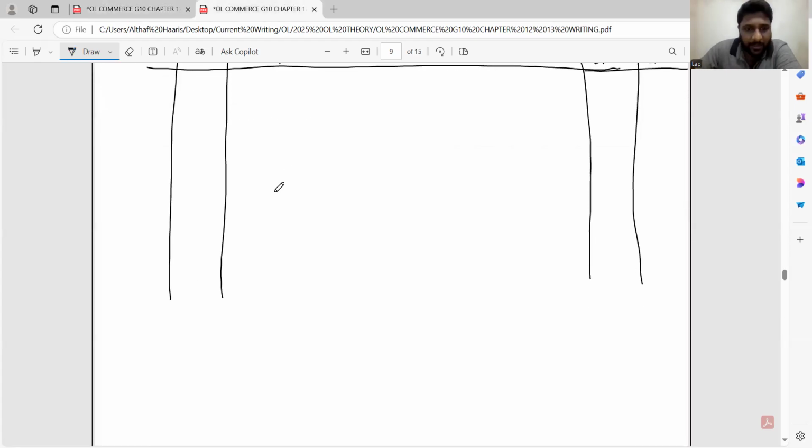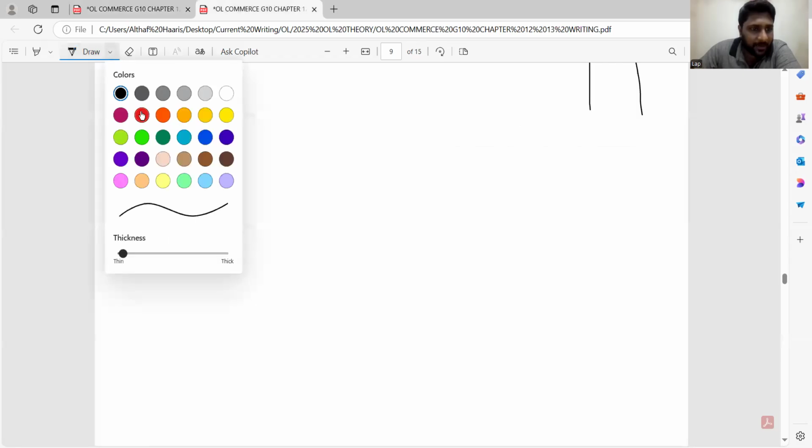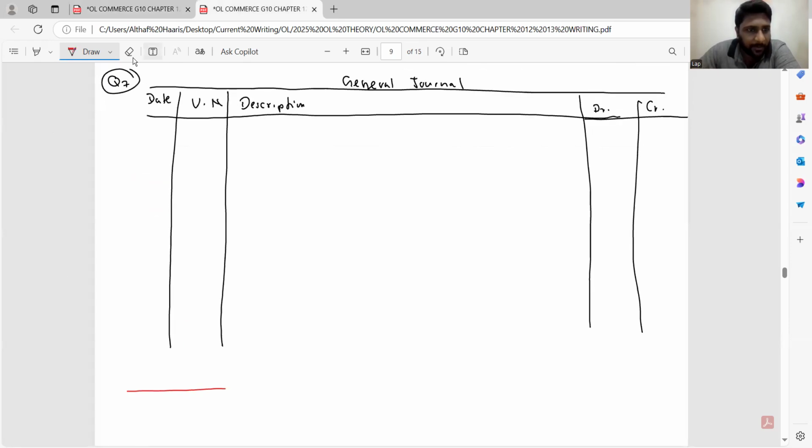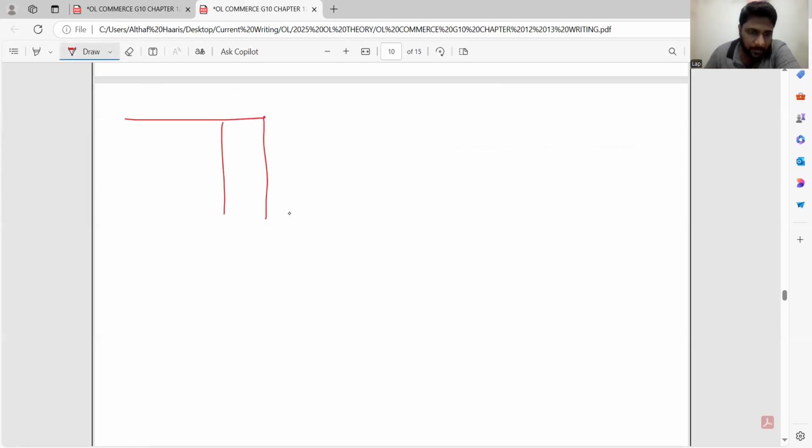So if I show you the mistake, let's take an example. I don't think this space will be enough, so let me go to the other page. Debit, credit. Here we'll assume you have different other items. Here you have a 10,000.